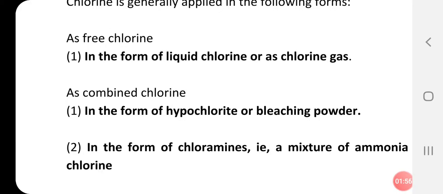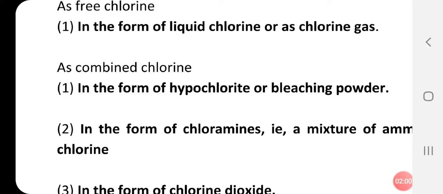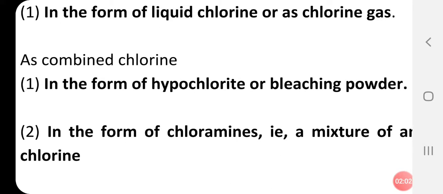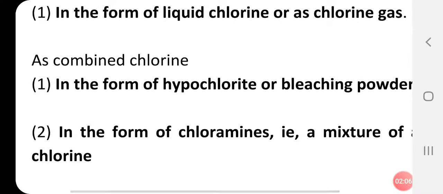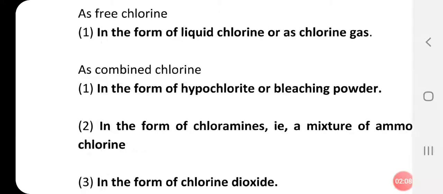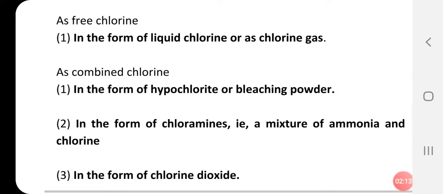Here again two sub methods are there. One is in the form of hypochlorite or bleaching powder, and the second one is in the form of chloramines, that is a mixture of ammonia and chlorine. So these two methods are there.